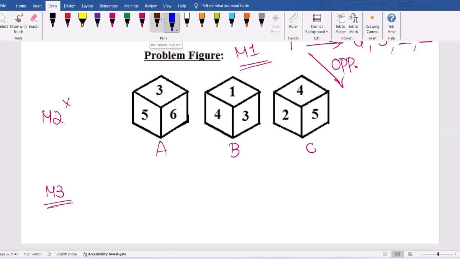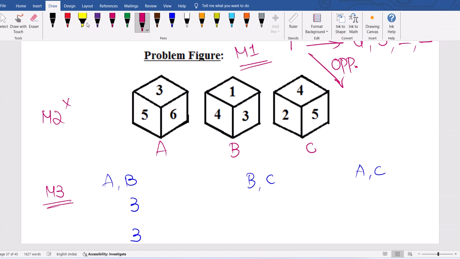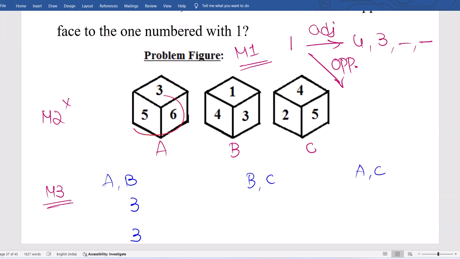A and B is fine. Some people say A and B, some try B and C, some try A and C. I want one common side. Among A and B, what is the common side? 3. Okay, guys, listen, this is important. From 3, write the terms in clockwise order.